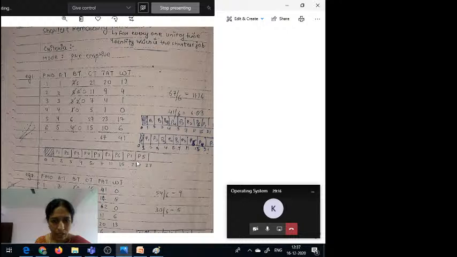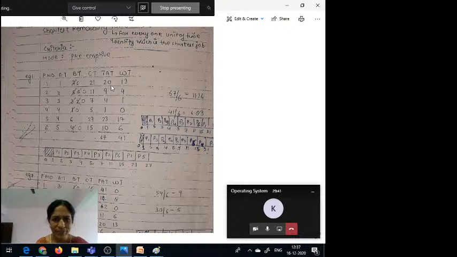P1 completes at 21 milliseconds, P2 at 11, P3 at 7, P4 at 5, P5 at 27, and P6 completes at 15 milliseconds. So these all are the completion timings.